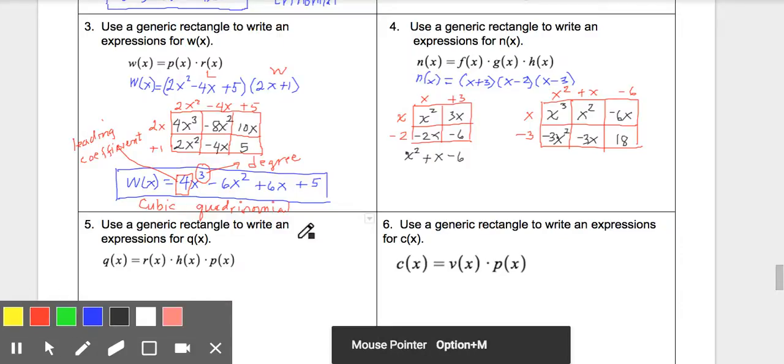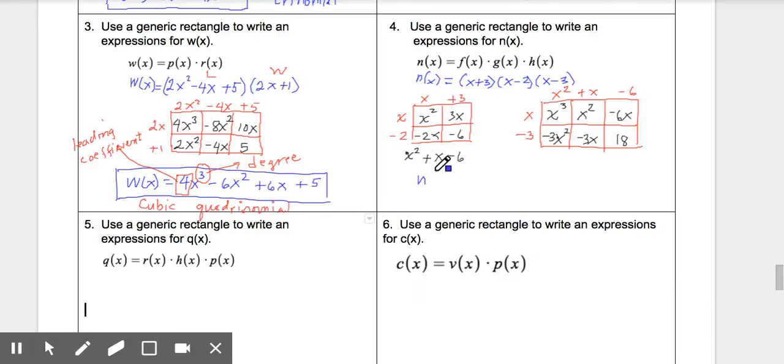So we're now ready to write the expression, or the function, n of x. N of x is equal to, the highest exponent of x here is 3, so we're going to start with the cubic term, which is x cubed. Then the x squared, we have x squared minus 3x squared. That's going to give us negative 2x squared. Negative 6x minus 3x is negative 9x. And then we bring down positive 18.